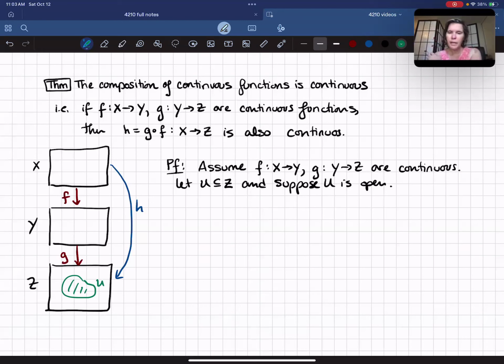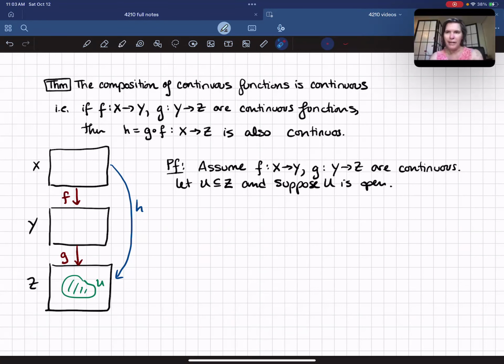And I want to prove that h inverse of U is open. Where does h inverse of U live? The h function goes from X to Z, so if I start with something in Z and look at its pre-image, that will be back up here in X.